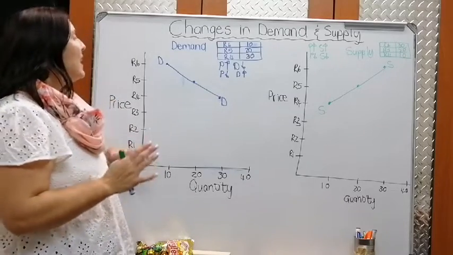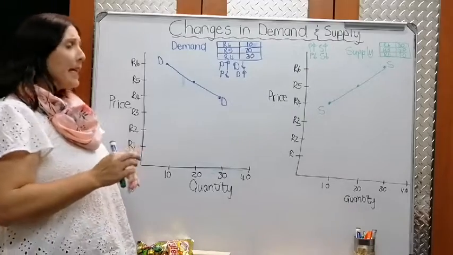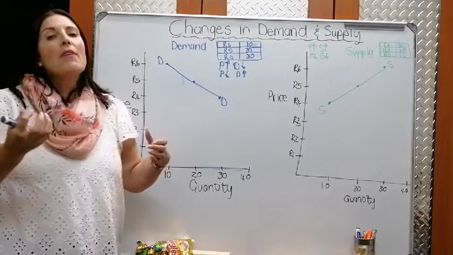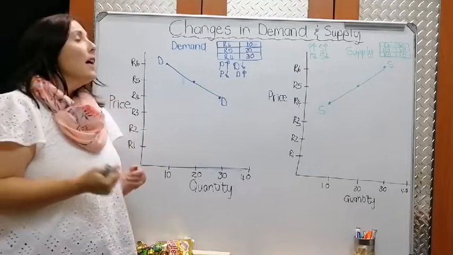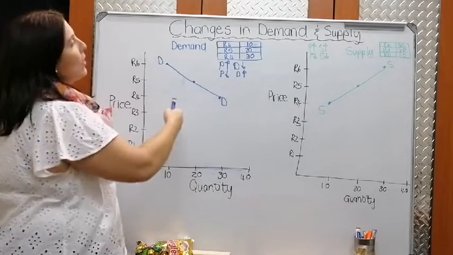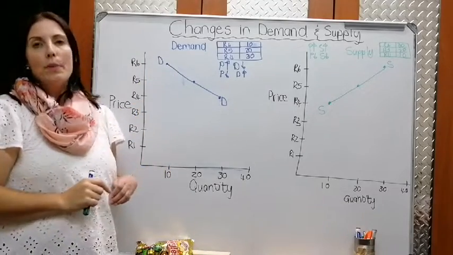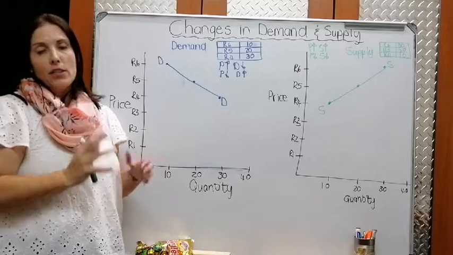So let's say, for example, now at 6 Rand, because people have more money to spend, as with our schedule that I've already drawn up, at 6 Rand, usually only 10 students were prepared to buy the Twiggles chips.